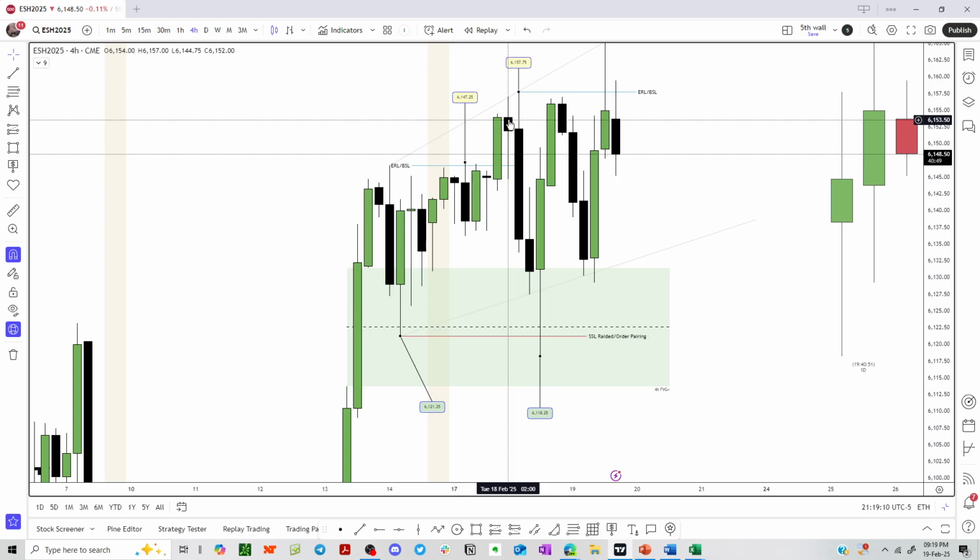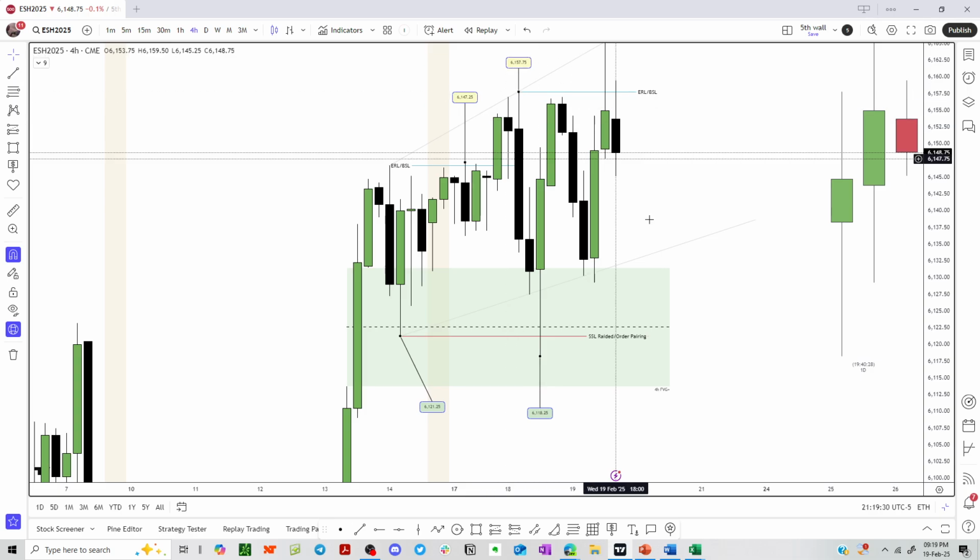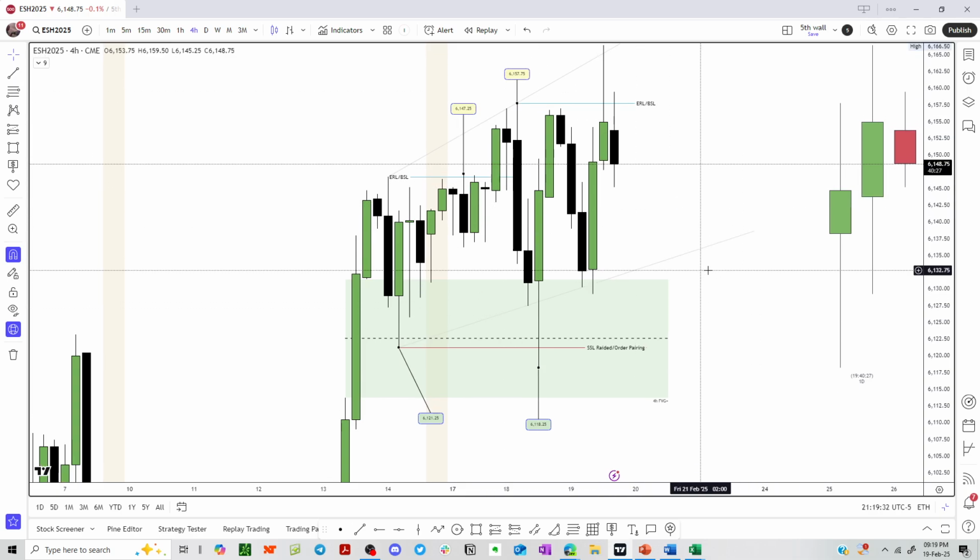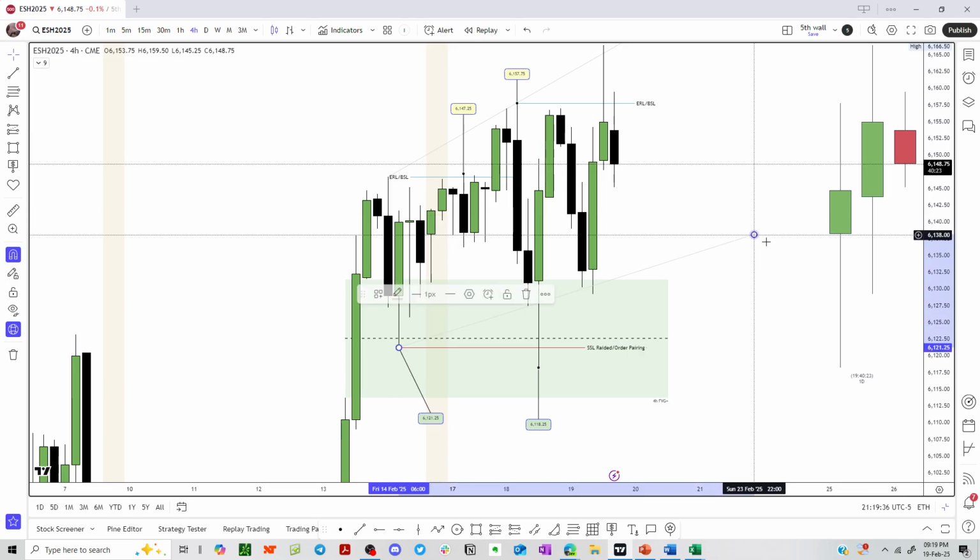I'm not very versed in rejection blocks. I treat wicks like gaps. And that idea I just mentioned, that the bulk of the volume is in the bodies of the candles, not the wicks. Doesn't mean that the wicks don't have volume, but clearly you can see with your eyes that the bodies of the candles are thicker than the wicks. So whatever. It's a very simple statement, but it means a lot to me.